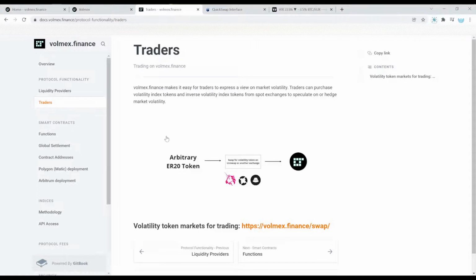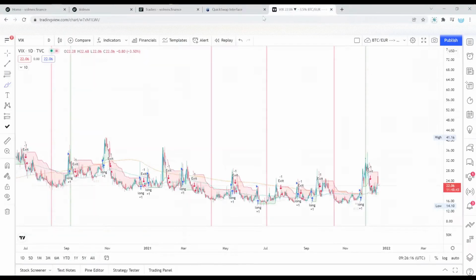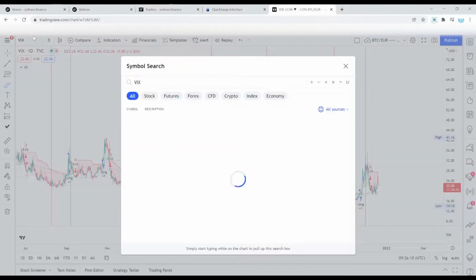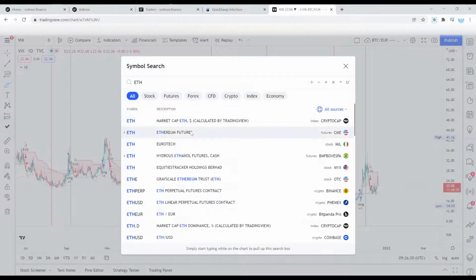And that's exactly what I explained before. You can hedge against volatility, basically protect your portfolio against volatility. Or on the other hand, you could speculate on volatility, which means, in times, let's come over here to Ethereum.